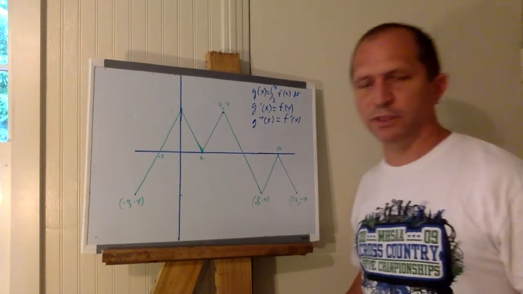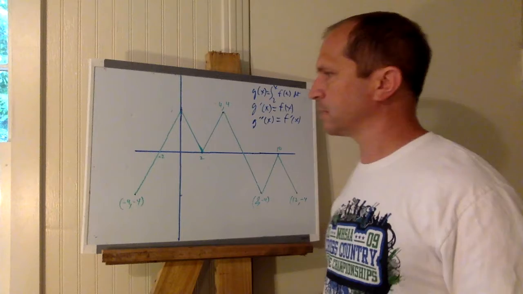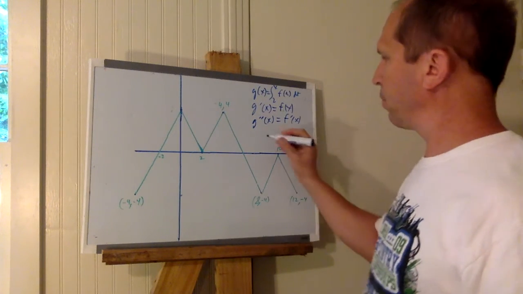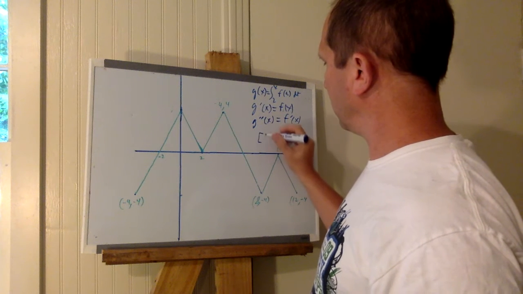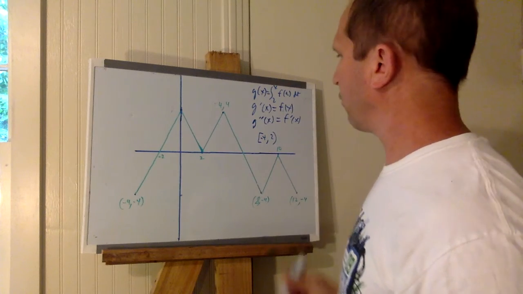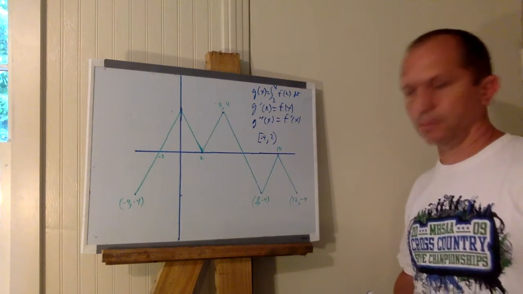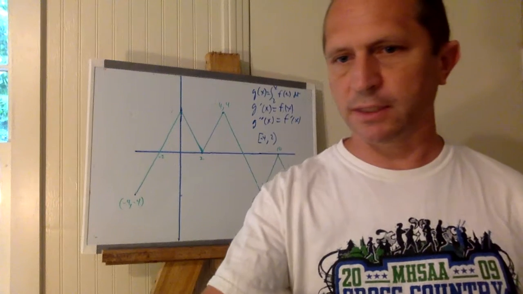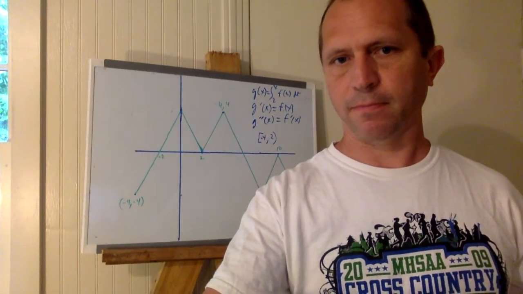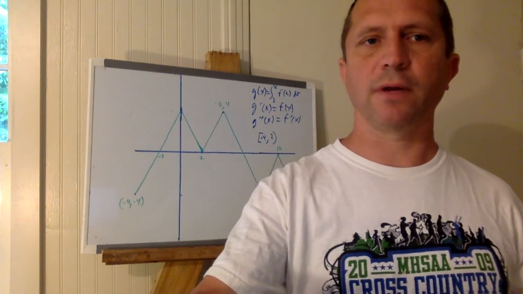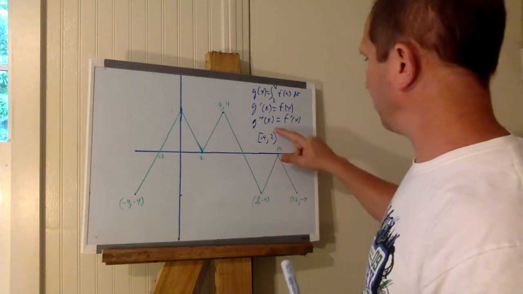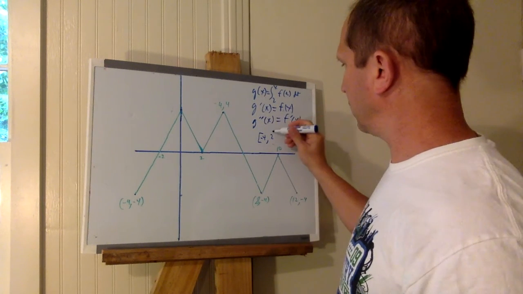I'm sorry, it just asked where g was negative. So g is negative from negative 4 to 2. Now it's important on this that you would have included negative 4. It said less than or equal to. Okay. So it would be from negative 4 to 2.